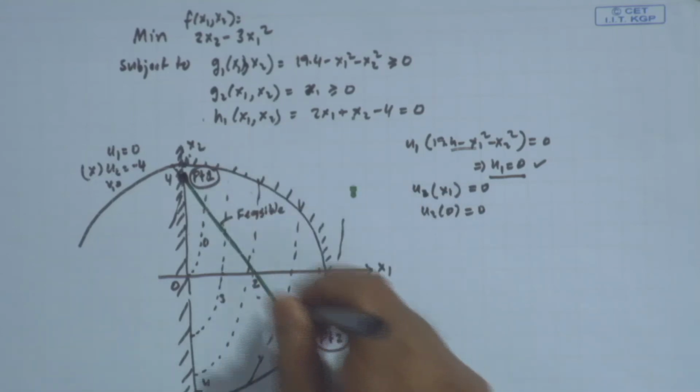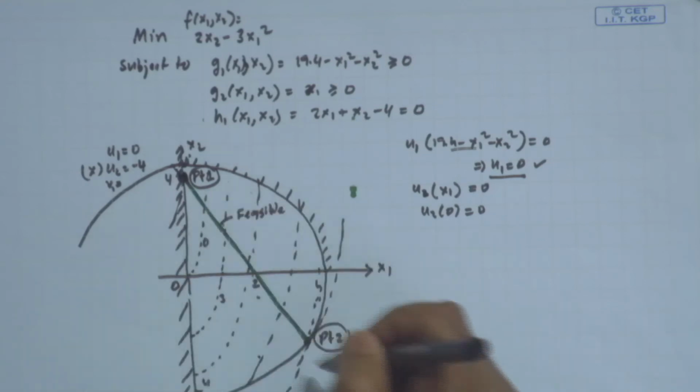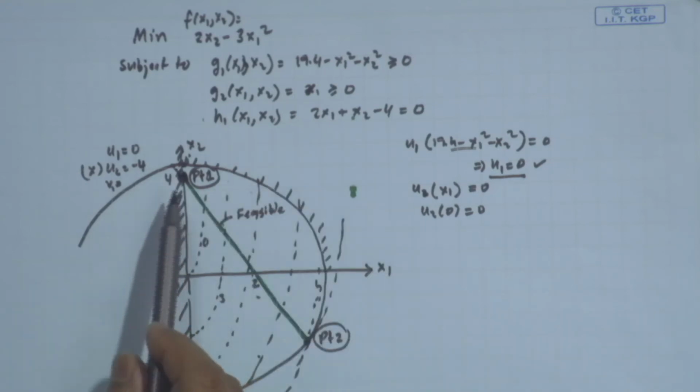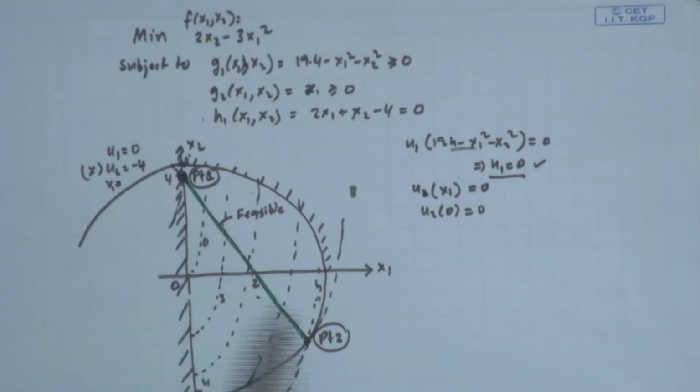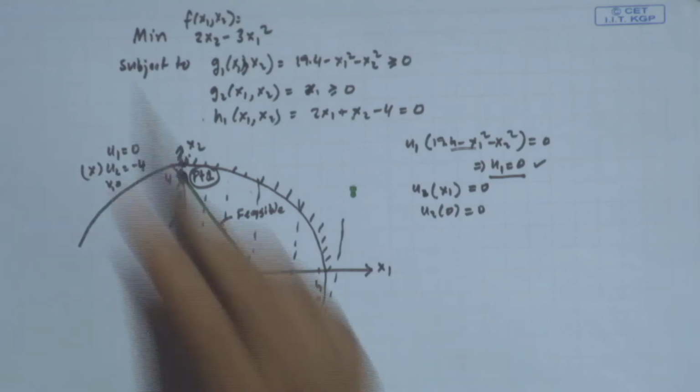So the optimum has to be one of the points between these two ends. So I've given you actually the two ends. This point is the first point, 0, 4, and this point is the other end, which is 3.4 and minus 2.8.